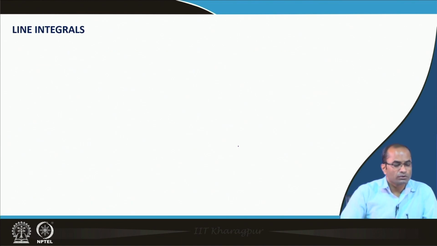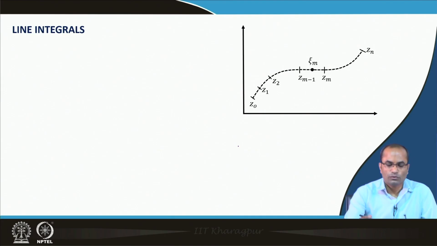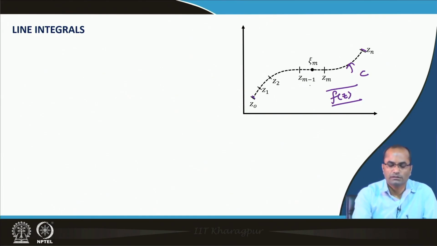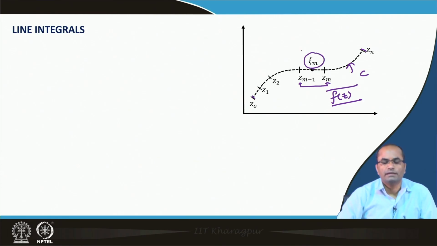Well, so coming to the line integrals, the idea is same for all integrals, whether it is real or complex. For instance, from z0 to zn we want to integrate along this given curve C, and our function is, let us say, f(z), which we are integrating. So, we will break this curve into small sectors, and suppose in this sector here from z_{m-1} to z_m, we have a point here which is denoted by xi_m.